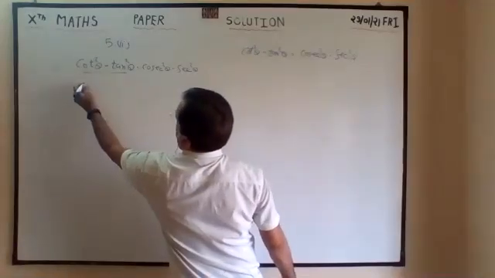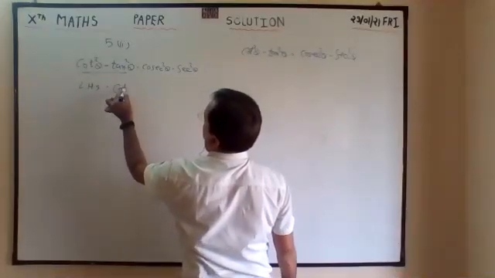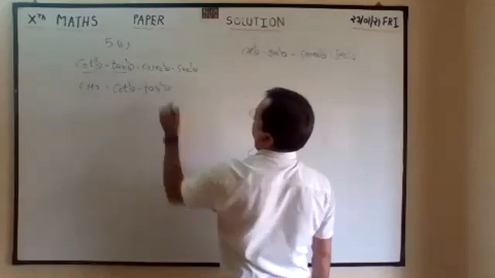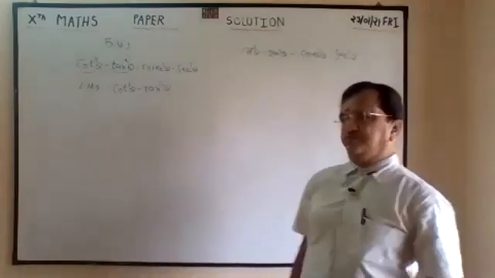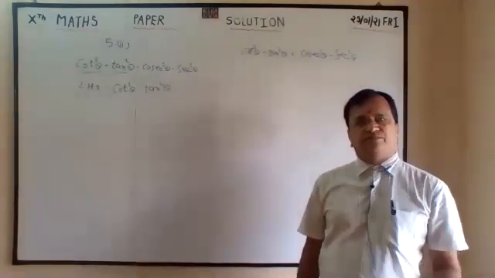First I will consider this. LHS is equal to cot square theta minus tan square theta. Here also two methods.